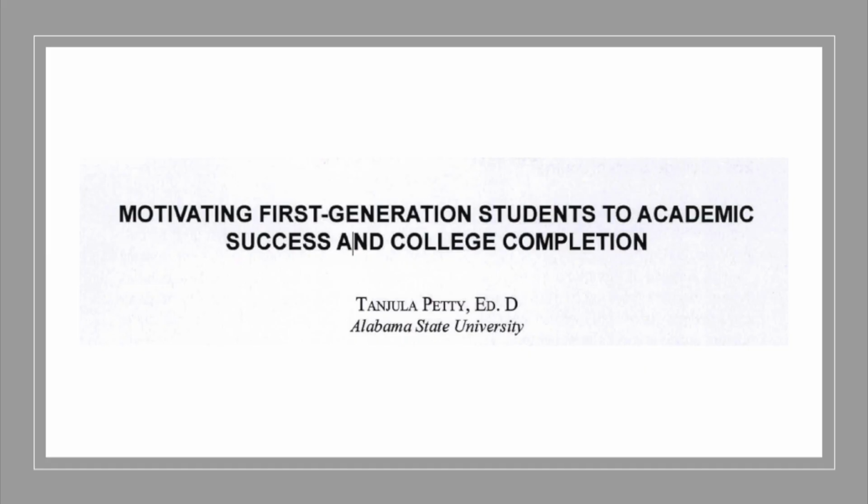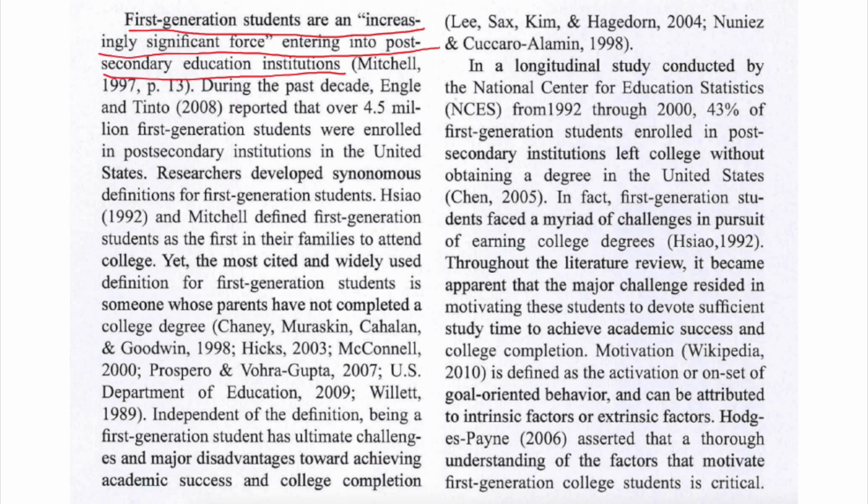In another example, Petty investigated first-generation college students and motivating them toward academic success and college completion. Petty begins the introduction by stating the importance of the topic, that first-generation students are a major force in colleges before giving some background information on past studies with first-generation students.